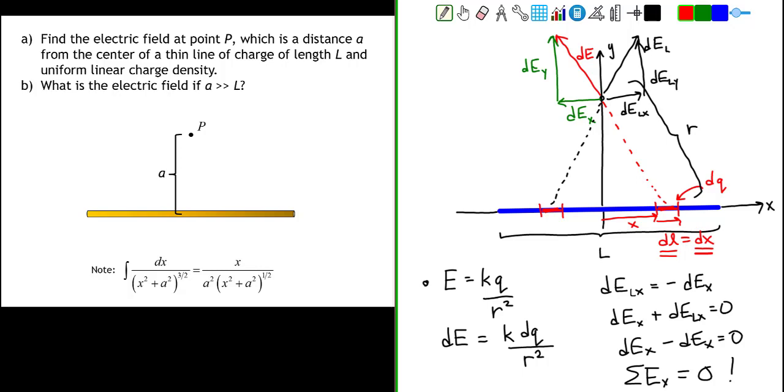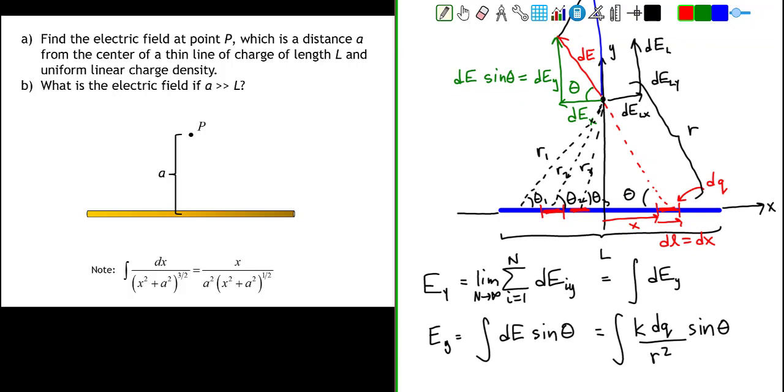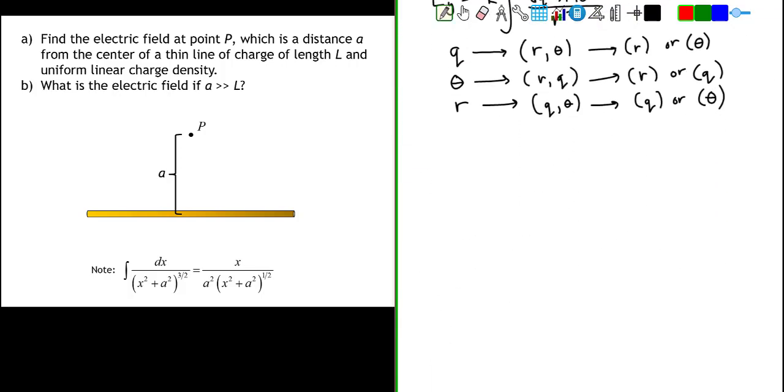We are also given a relationship between the charge element and the linear coordinate. This is a linear charge, a thin line of charge, and we know that the density for a line of charge is given as lambda. At least I use the variable lambda to represent linear charge density. Your book might use a different variable.